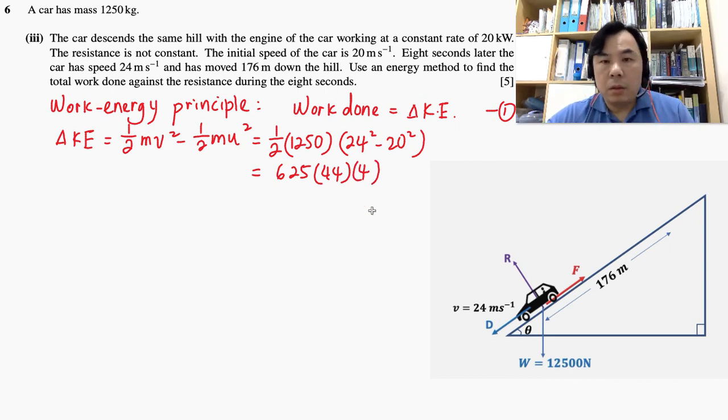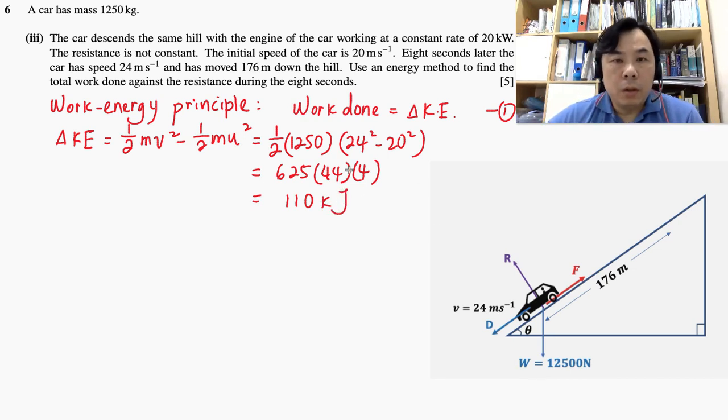That's a lot of numbers. Let's try to calculate this: 44 by 4 by 625. That would give us 110 kilojoule in this case. That would be the change in kinetic energy.